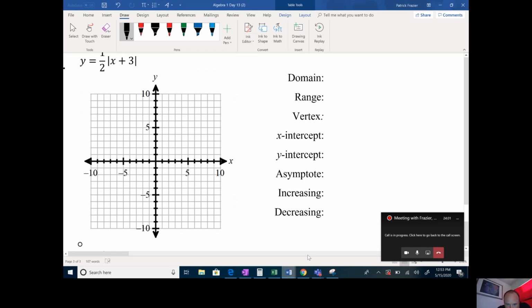For the asymptote, it's a horizontal asymptote, y equals 1. So it never... Problem 8, I think.